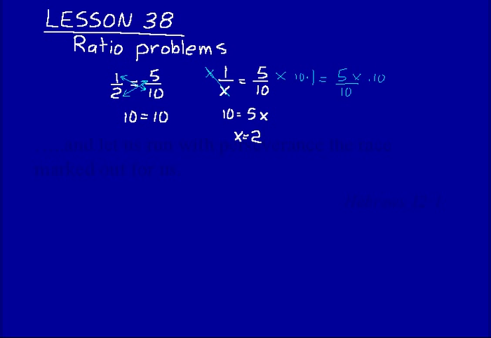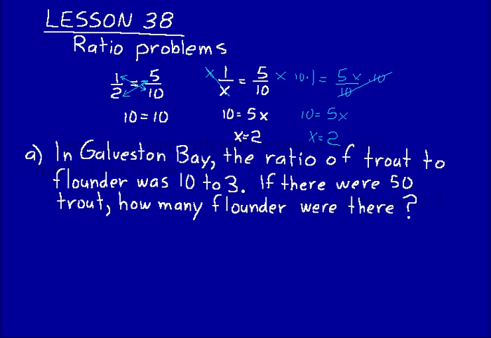And so now I have the 10's canceled on the right, and I have 10 equals 5x, and then that gets me back to x equals 2. Now you see that took a lot longer than just doing the cross multiplication. So that's all cross multiplication is. It's a shortcut of the multiplication rule.